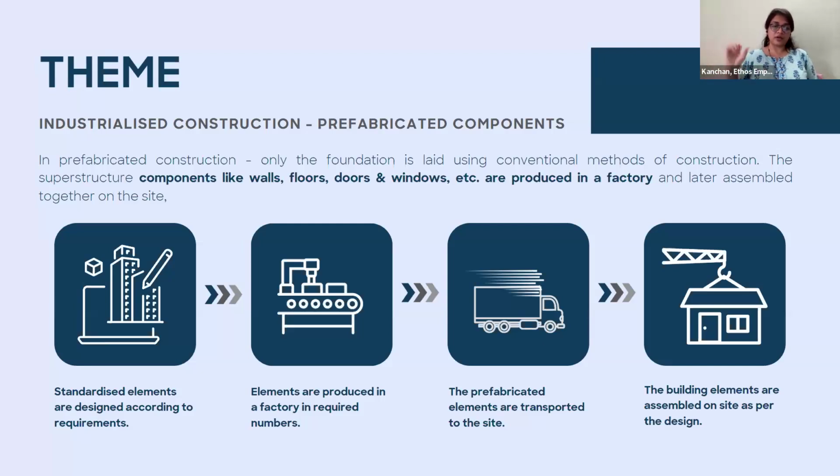These elements are produced in a factory in whatever number you require, and then moved together to the site. A lot of to-and-fro of construction parts and materials is also saved by fabricating elements in a factory. Then when they are assembled on site, you're just putting walls and windows together instead of workers making them on site.